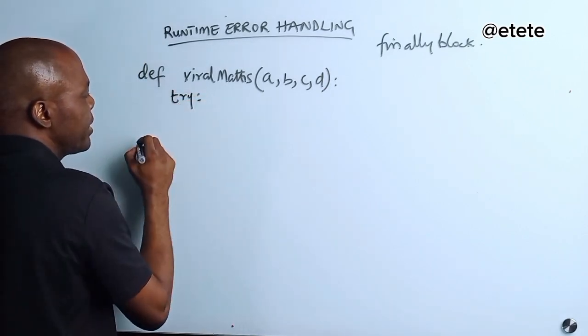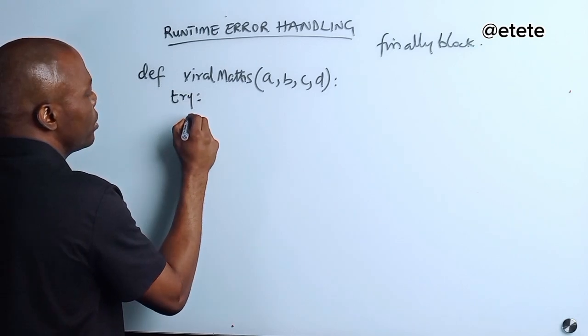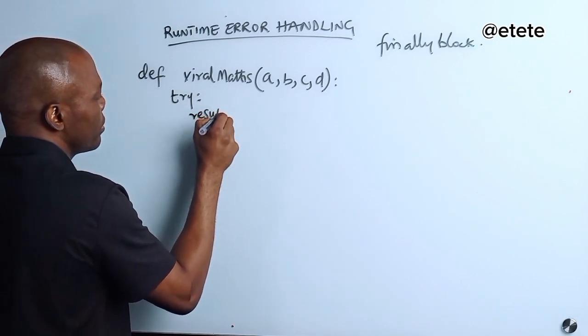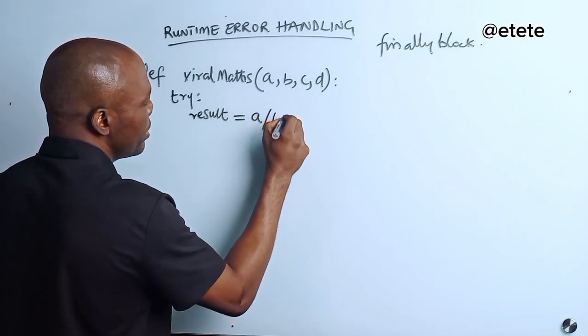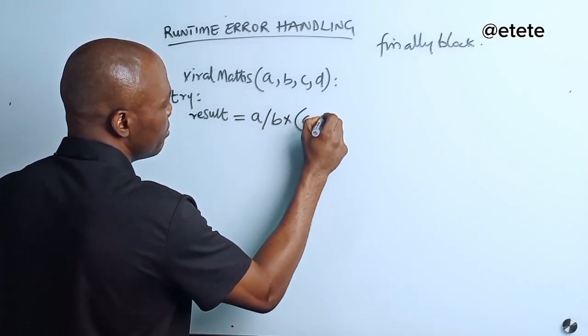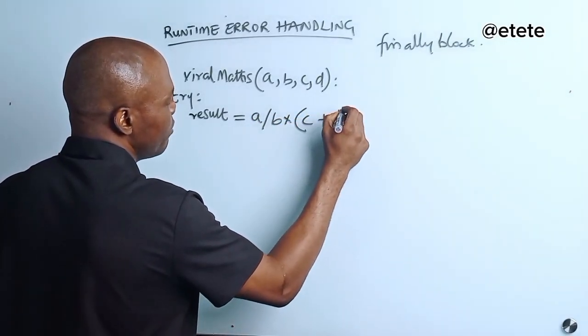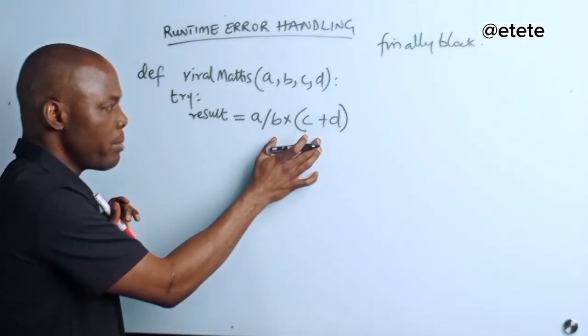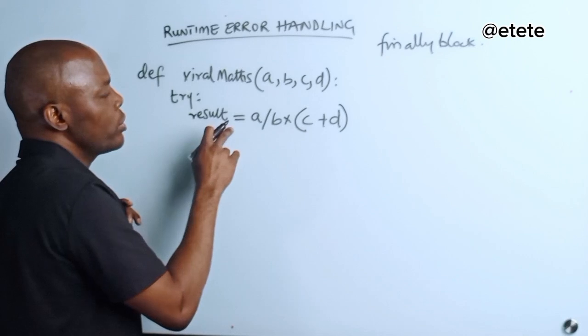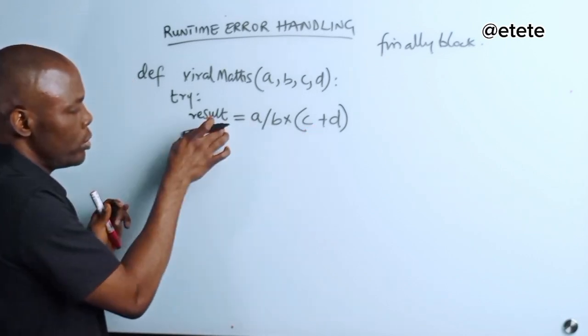Inside my try block, I'm putting my code, which is result equals A divided by B times C plus D. If you have been following me, you will have been used to this equation by now. So result, assign the value of this into result.